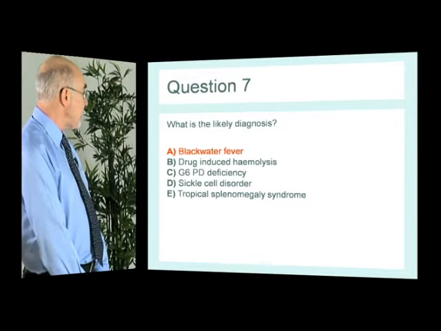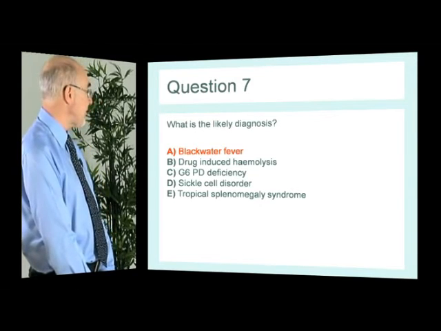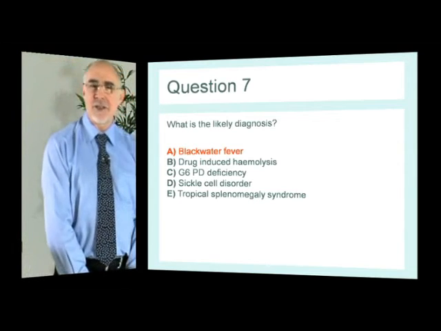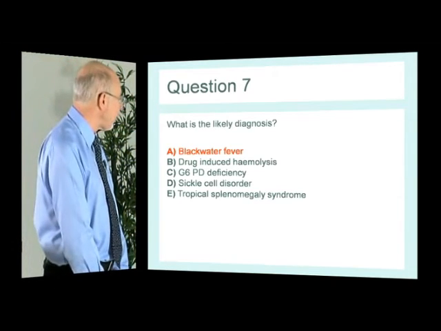Sickle cell disease, we're not told anything about his history, but you would have thought that if he has sickle cell disease, that would have been either previously found or found on this round of laboratory investigations. Tropical splenomegaly is an interesting clinical scenario.